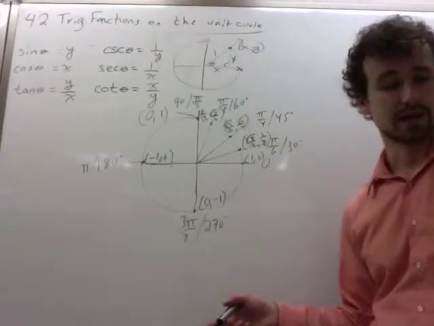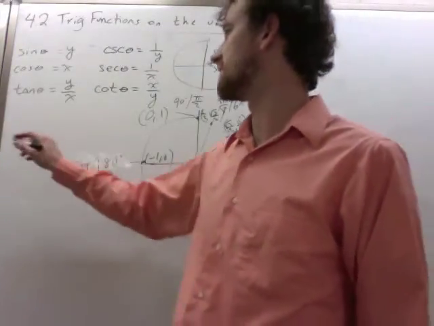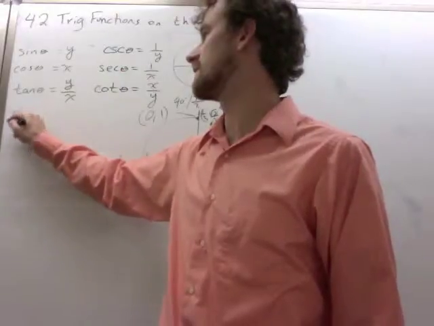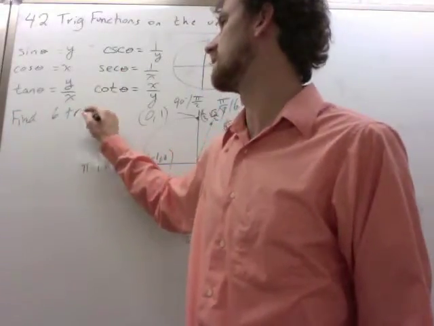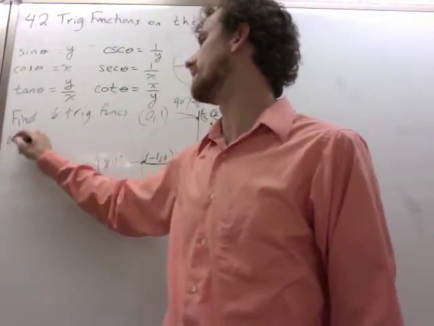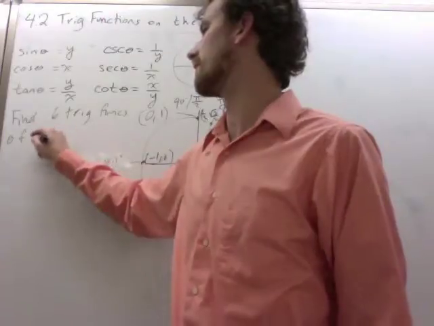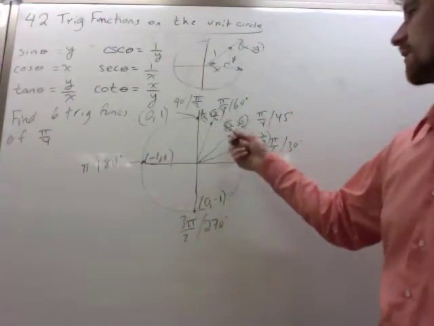So if I give you something like, find our 6 trig functions of, say, pi over 4, we can figure those out just by looking at the ordered pair.